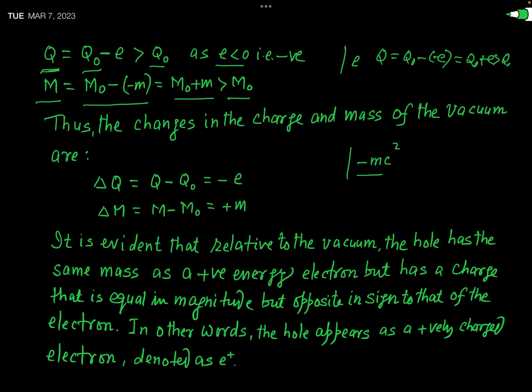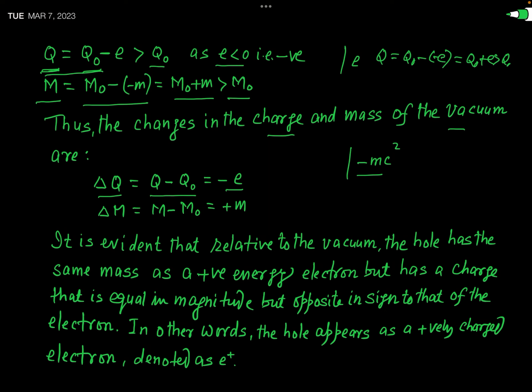I have mentioned it here. You can see the changes in the charge and mass of the vacuum are what? If the change of charge is delta Q, then this will be Q minus Q naught. Q is the final value and Q naught is the initial value, and you can see from here that this is actually equal to minus e.